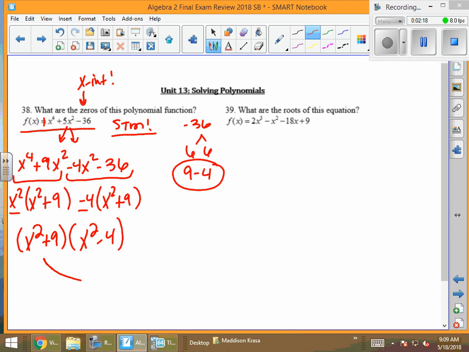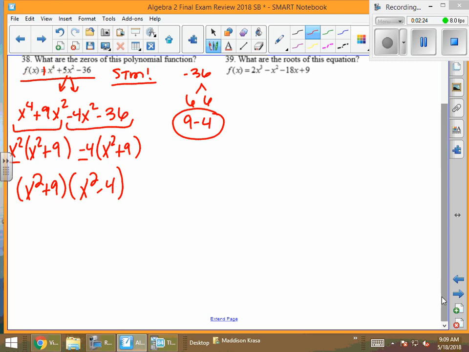So if we take this x squared plus 9 and we set that equal to 0, and we solve it, we would subtract 9, take the square root to get rid of that square, and so we would have plus or minus the square root of negative 9.